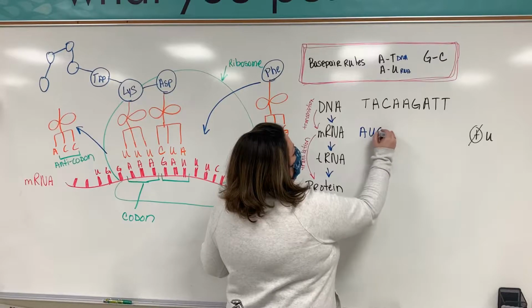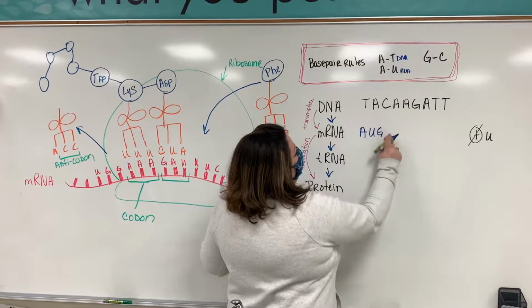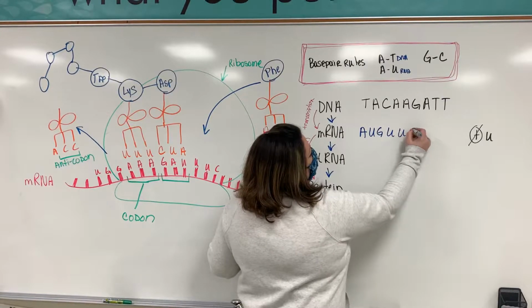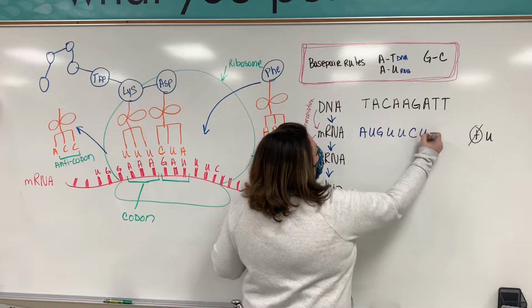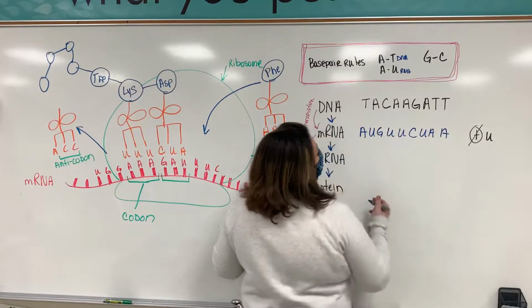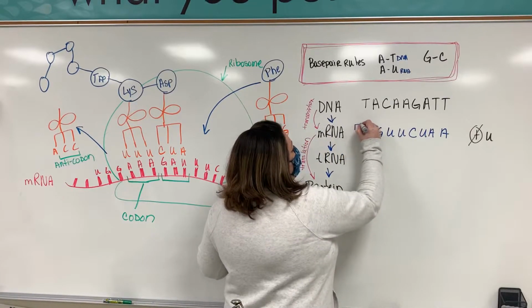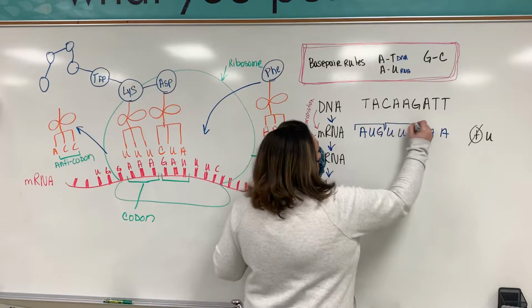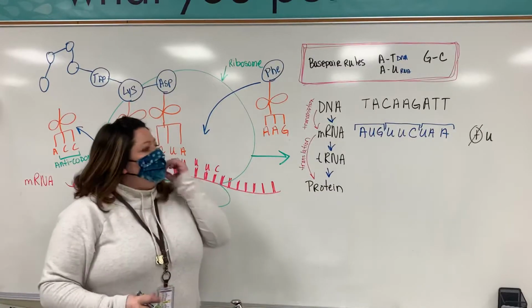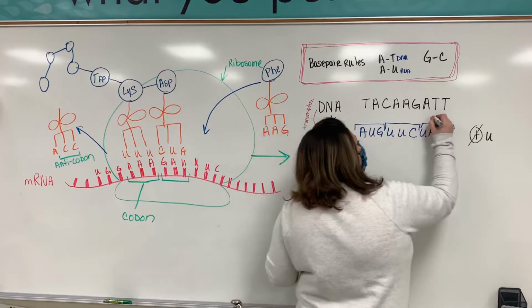C is going to be a G, A is going to bind with U, A is going to bind with U, G is going to bind with C, A binds with U, T's bind with A's. And now you're going to look at this as codons. So these are our codons.